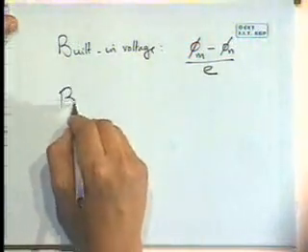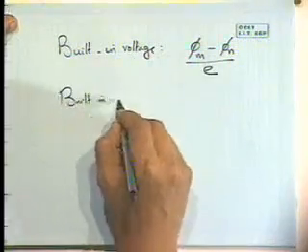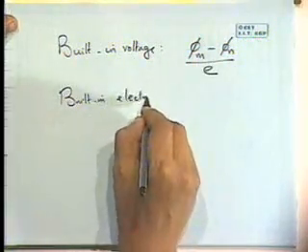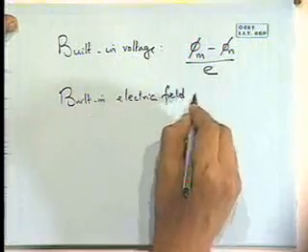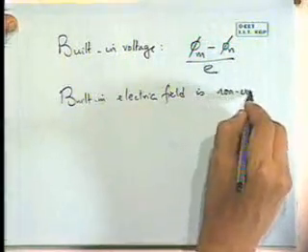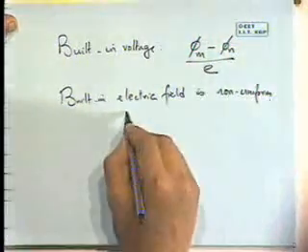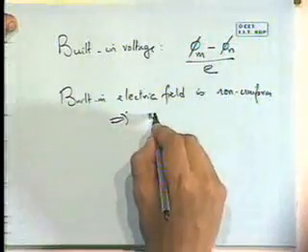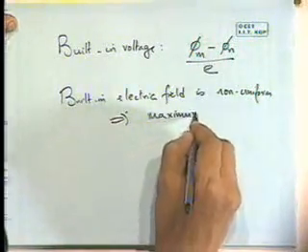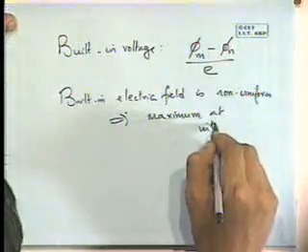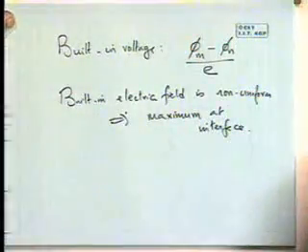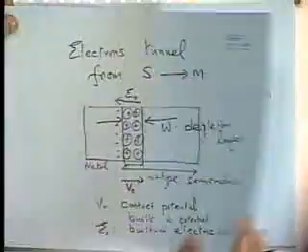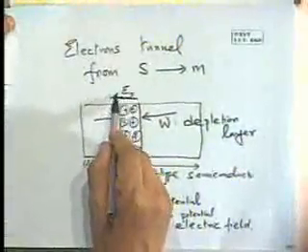The built-in electric field is non-uniform and is maximum at the interface. The field that is there, this one, is a non-uniform field.